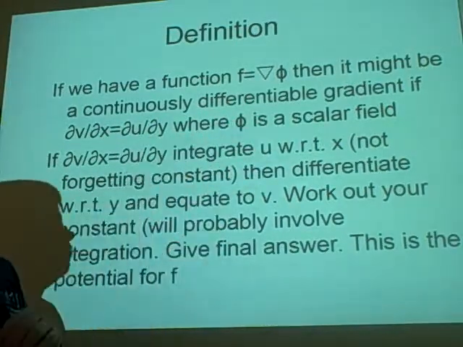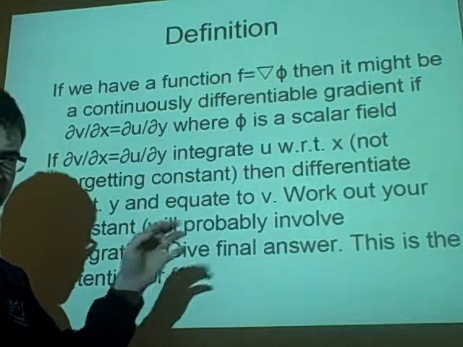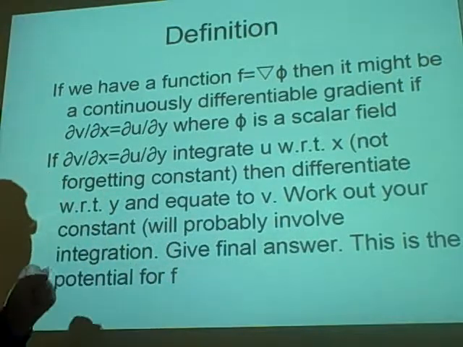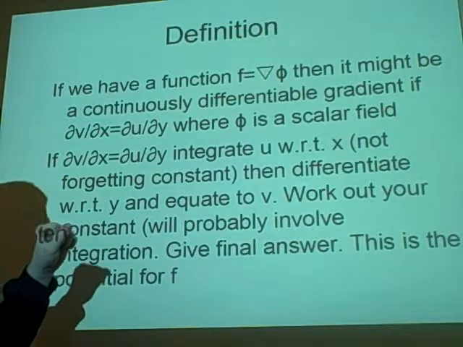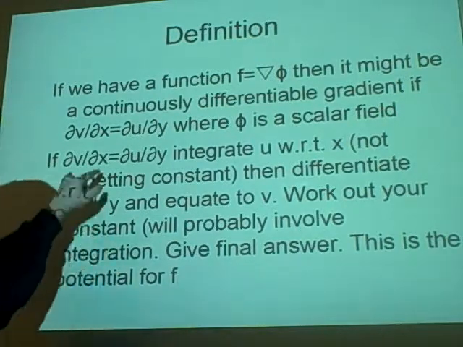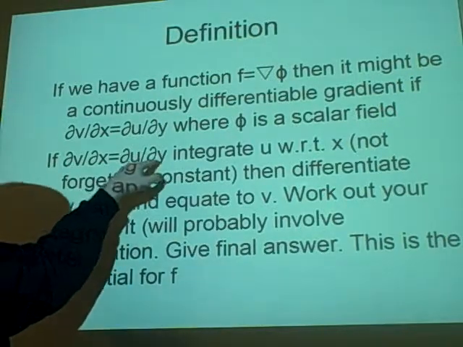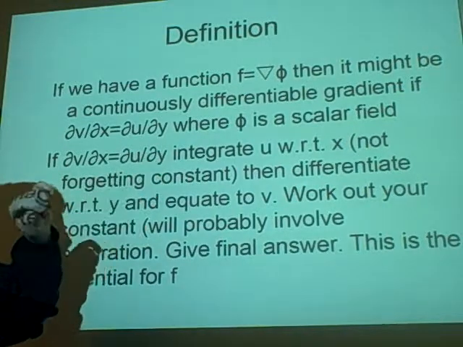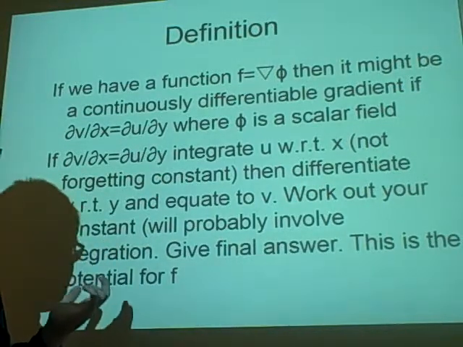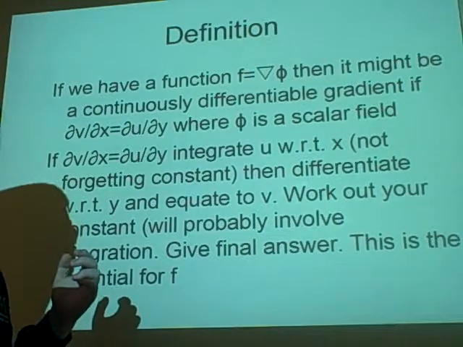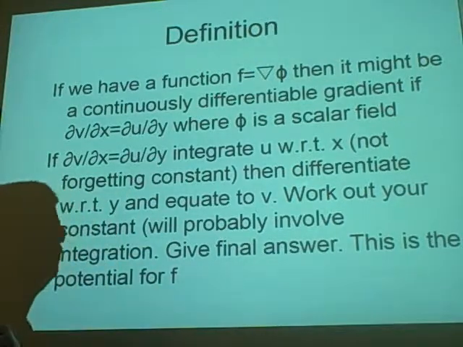This is a scalar field, so it's put in the form whatever i plus whatever j. Right now, if dv over dx equals du over dy, then it could possibly be a continuously differentiable gradient.